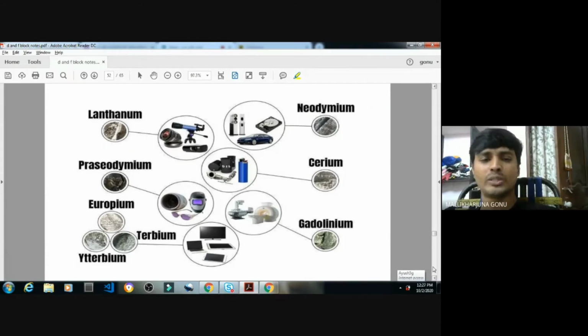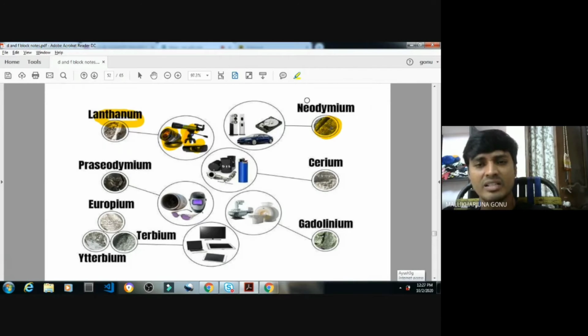Now, where it is used: basically, all of you are using it in everyday life, but we don't realize which element is present in that. For example, camera lenses. What is used? Lanthanum. Neodymium in hard disks, and neodymium and cerium, and gadolinium in this type of apparatus.